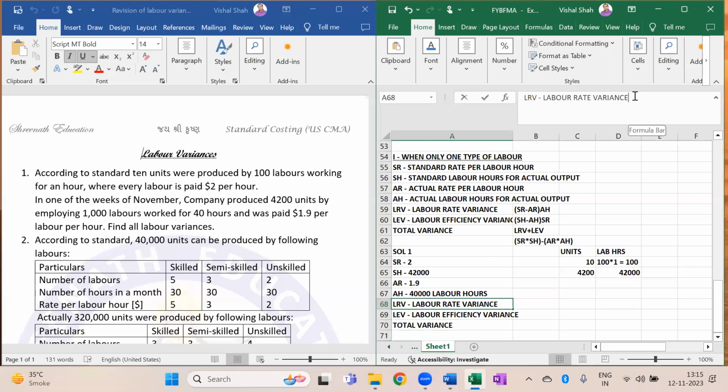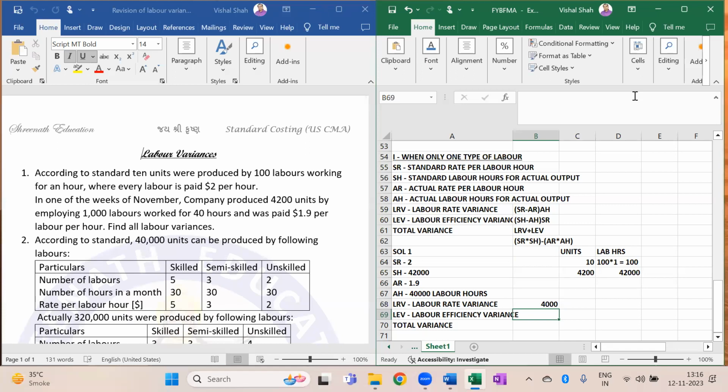How do I find LRV? The formula is 2 minus 1.9 into 40,000. It is SR minus AR into AH.